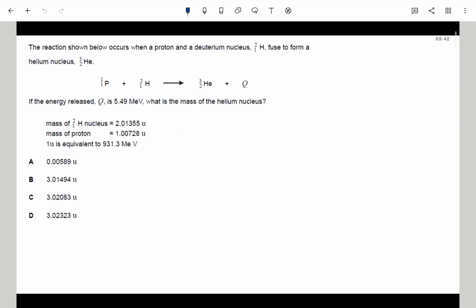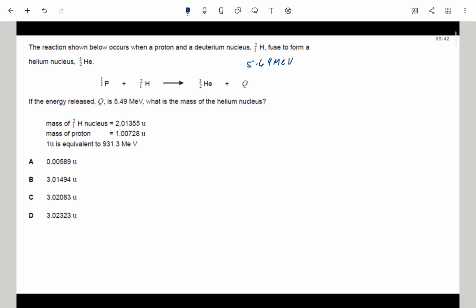Right, if you'd like to have a go at this one. A reaction shown below occurs when a proton and a deuterium nucleus fuse to form a helium nucleus. So we've got the energy released, 5.49 MeV, and we've got the mass of everything in U. So you could convert them to energy and then convert back to mass once you've figured out what the helium is.